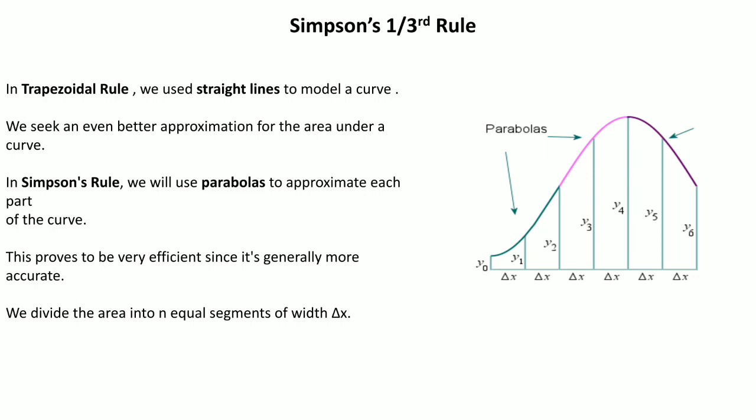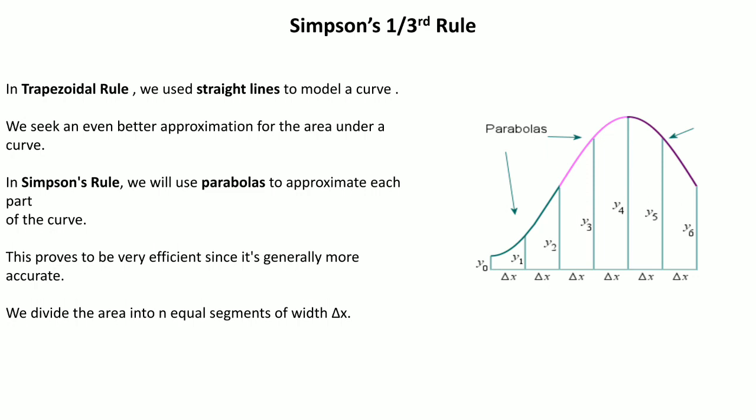We divide the area into n equal segments of width delta x, in a similar way to what we have done for the trapezoidal rule. But Simpson's rule is more accurate than the trapezoidal rule. To model a curve in the trapezoidal rule we are using straight lines.